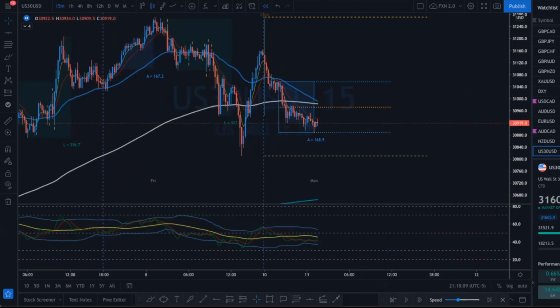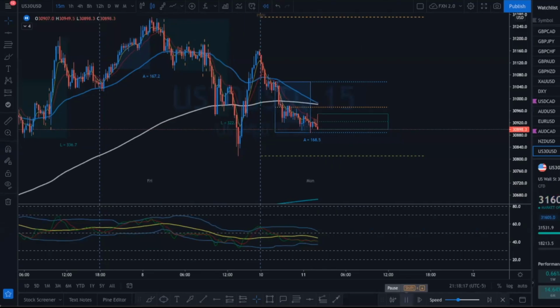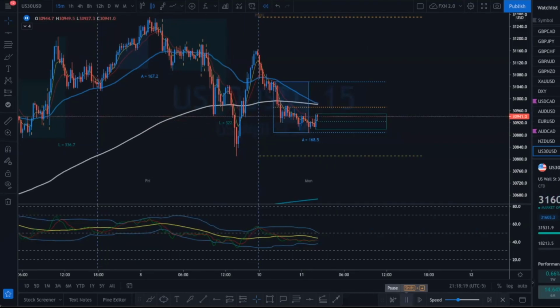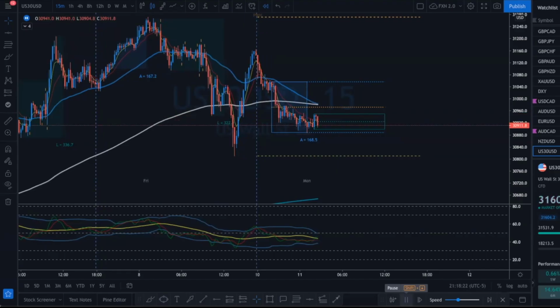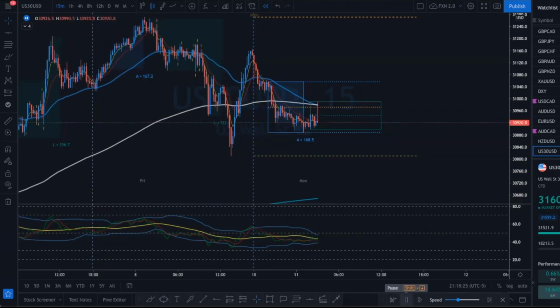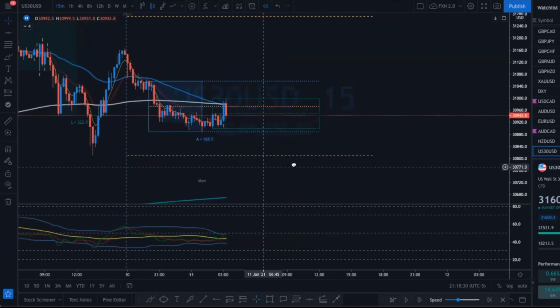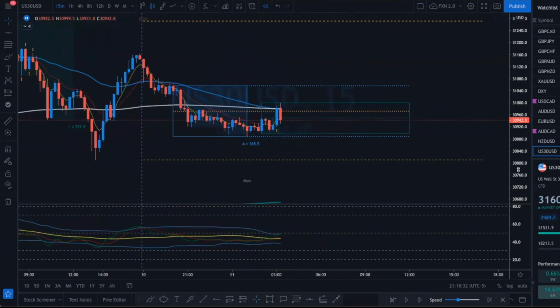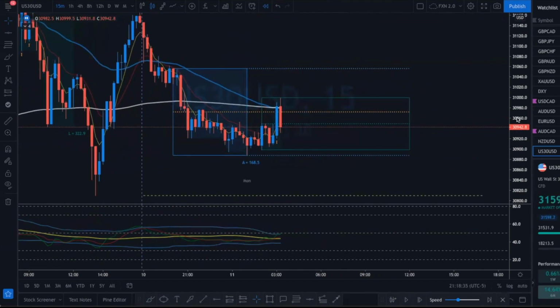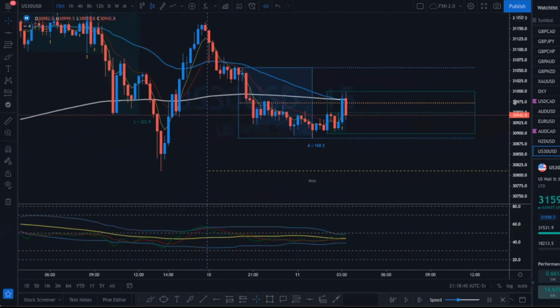At least that would make sense to me for trading this. Probably right there. What do you think? Thoughts? Any thoughts?